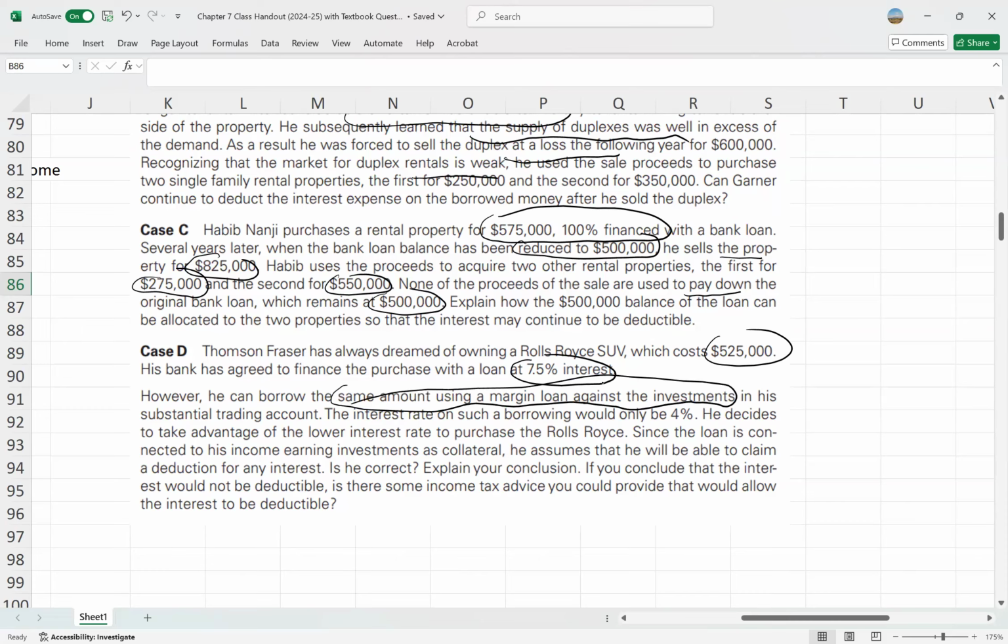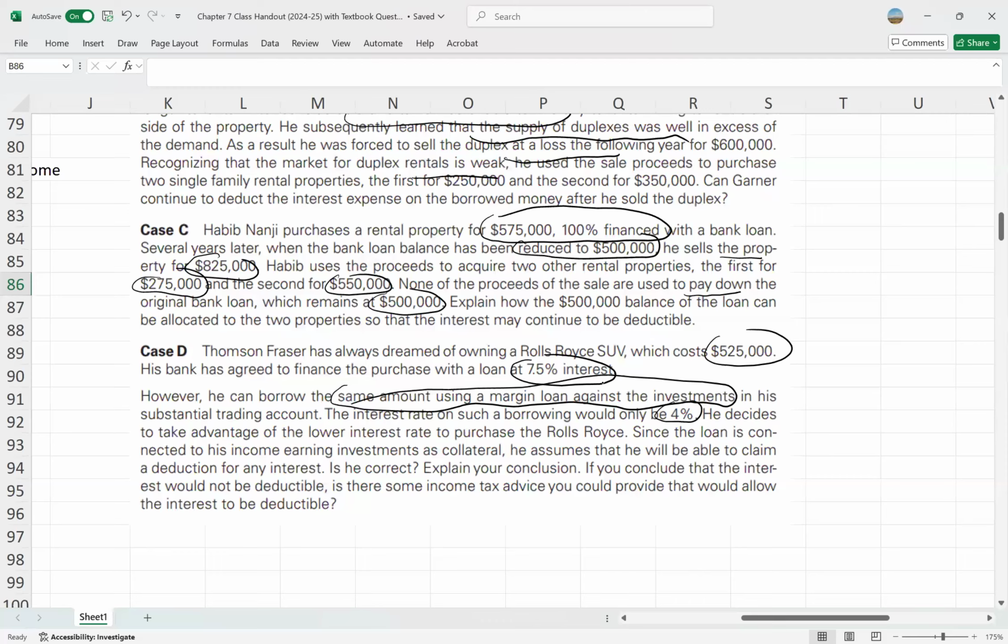So what this means is that he has a trading account and he owns a bunch of stocks, and he can take a loan using the investments that he has in the trading account as collateral, and that would reduce his interest to 4%.